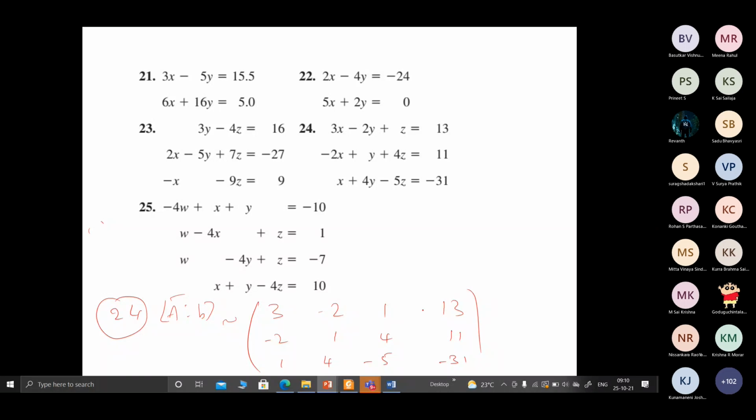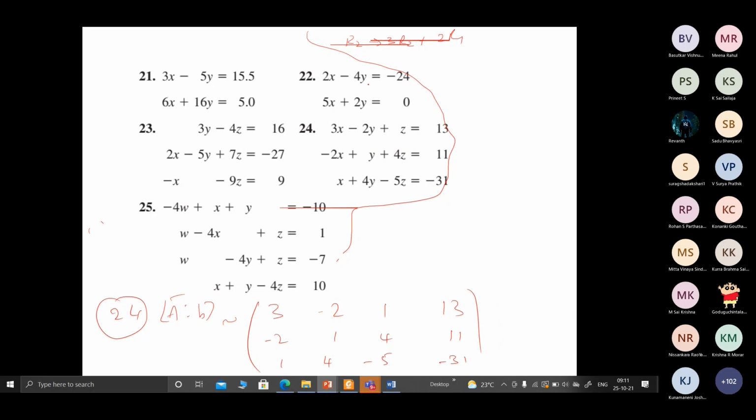So what we do is, R2 becomes 3R2 plus 2R1.